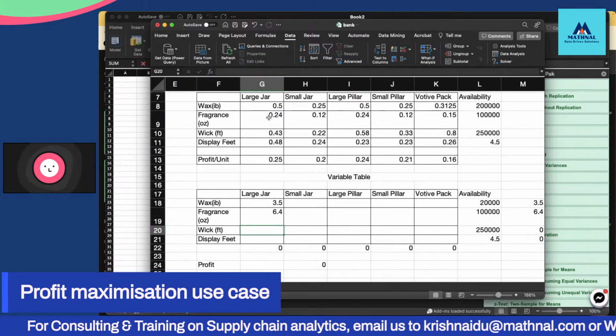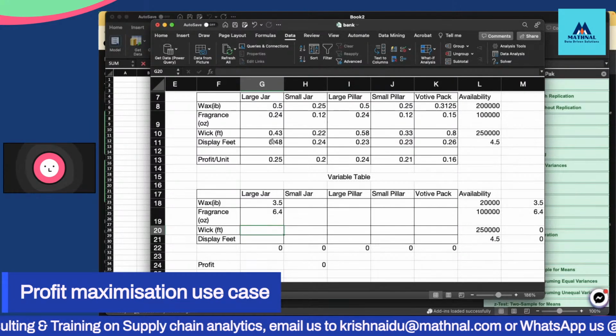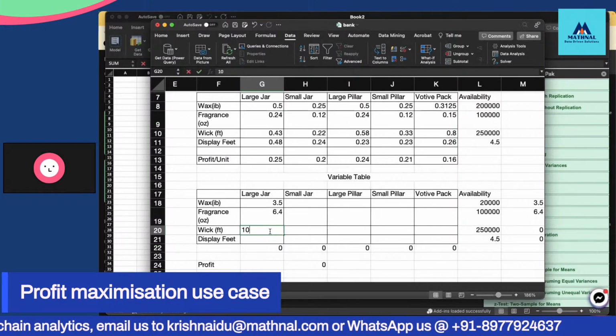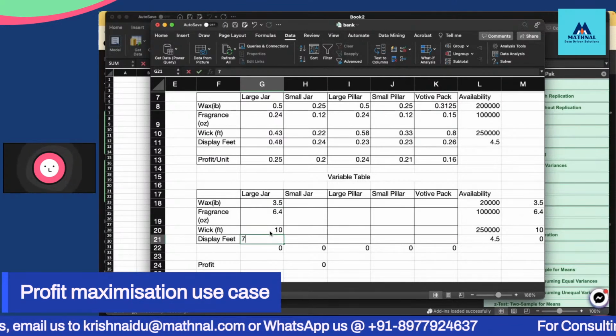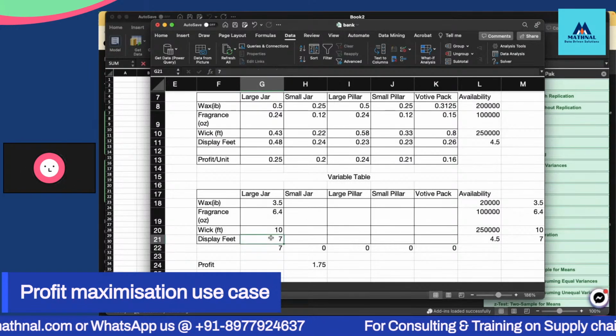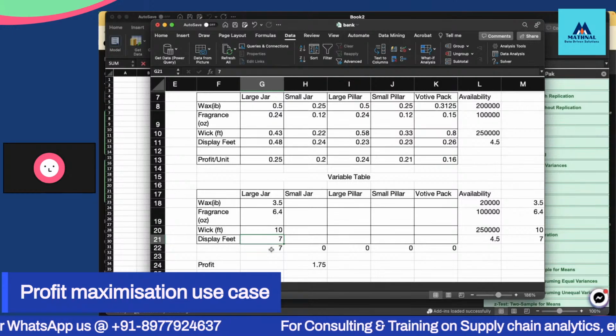For example, if I put 10 and you have put 7, the min is 7.